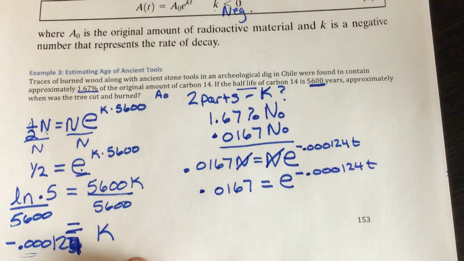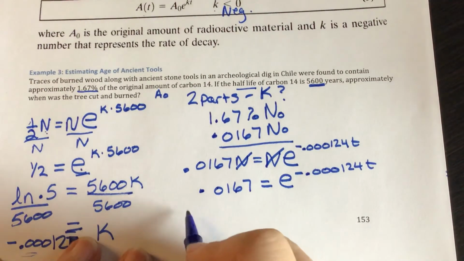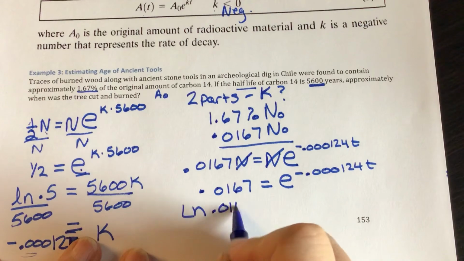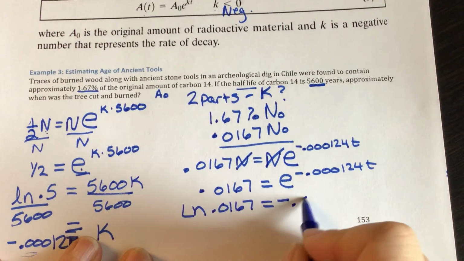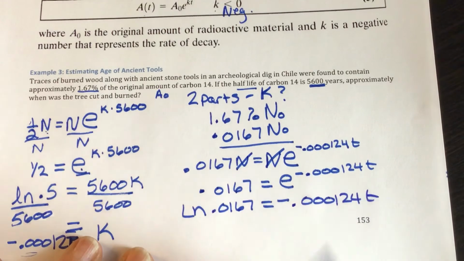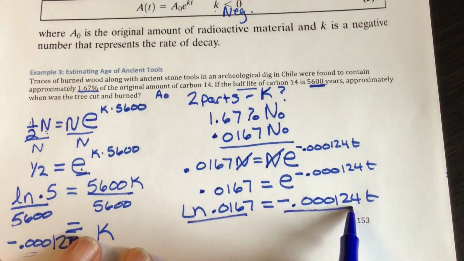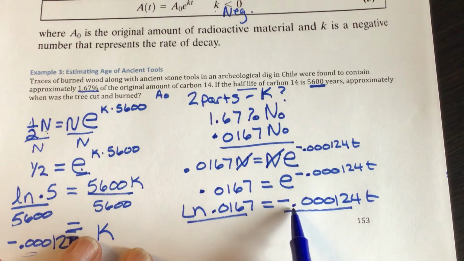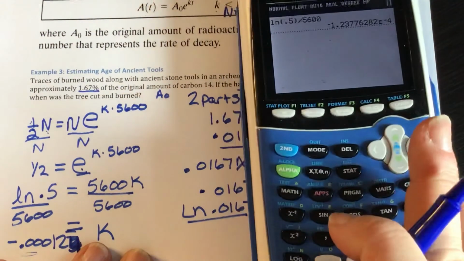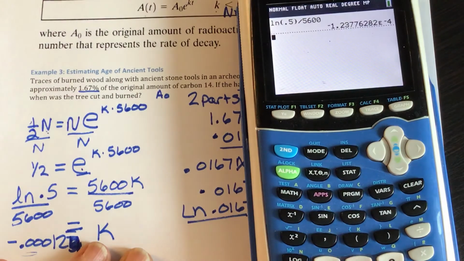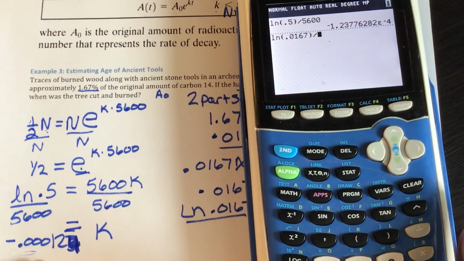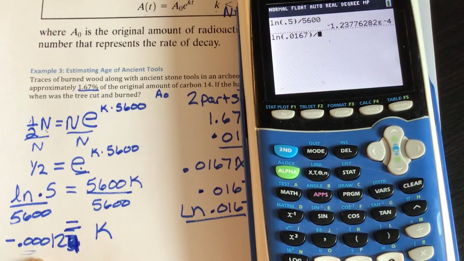All right, so I'm going to take the natural log of both sides. And now I'm going to divide both sides by negative 0.000124. So I'm going to take my natural log of 0.0167 and divide that by my K value, which is negative 0.000124.